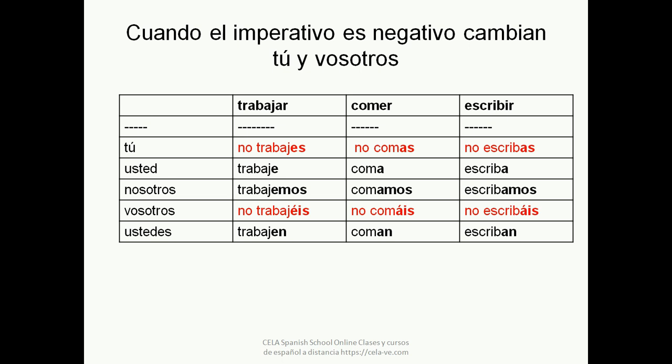Trabaje, no trabaje. Trabajemos, no trabajemos. Trabajen, no trabajen. We can also observe that in the negative imperative, the verbs that end in ar have the vowel E in the endings, and the verbs that end in er and in ir have the vowel A in the endings.